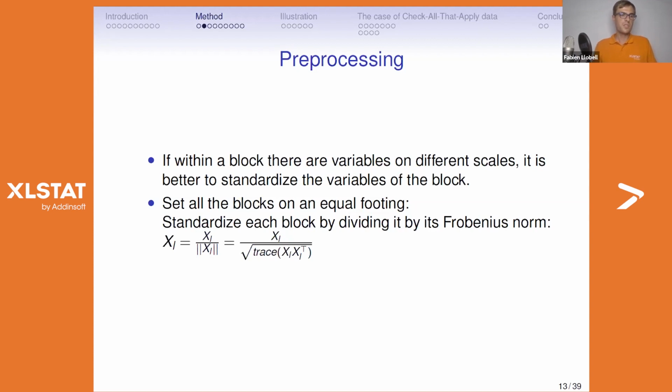It depends on the scale of the variables. But a very important preprocessing is to set all the blocks on an equal footing. This can be achieved by standardizing each block by dividing it by its Frobenius norm. And this standardization is very important, and I will explain why after.